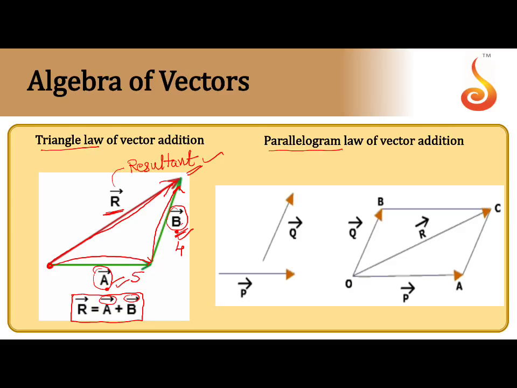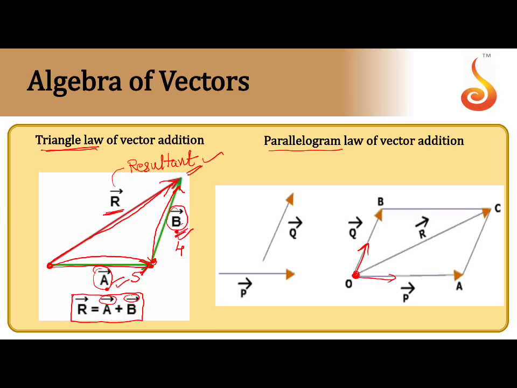To add vectors by the triangle law of addition, you observe here that for the vector A, the terminal point of A is the initial point of B. Then you use the triangle law. Whereas in the second diagram, for vector P and vector Q, the initial points are the same.